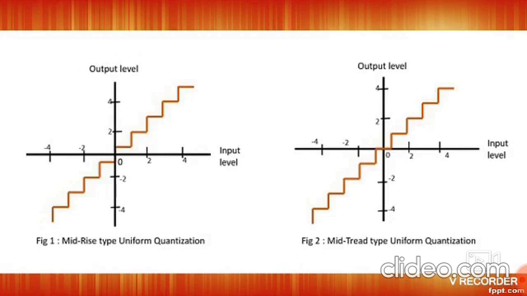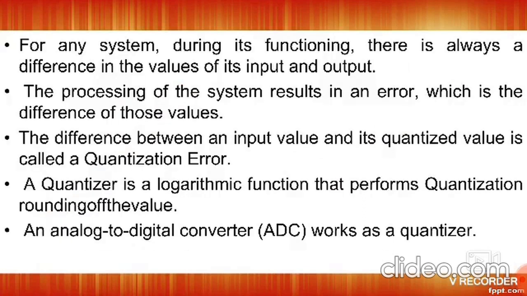The first one is called mid-rise, where at the origin there is a rise. Mid-tread means at the origin there is a tread. For either of these two types, after quantization the amplitude will be discretized.